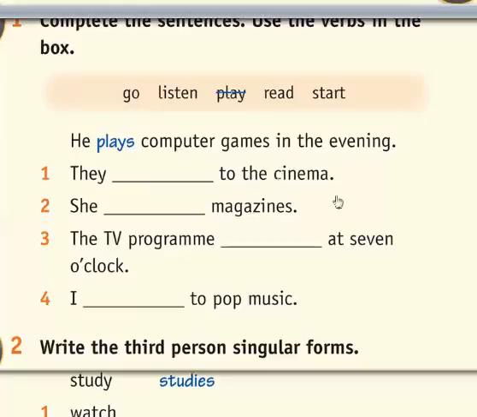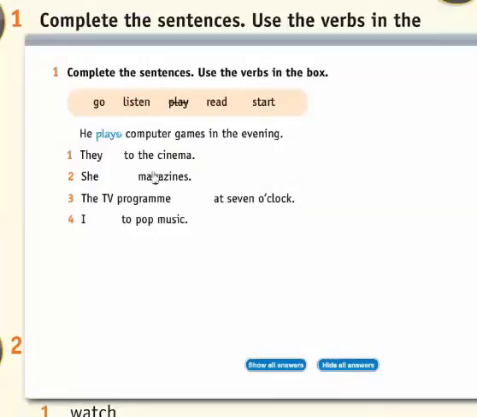Now let's do the rest of the exercise. They go to the cinema. It is not a third person singular. She reads magazines. It is a third person singular. The TV program starts at 7 o'clock and I listen to pop music. Number 3 is also third person singular S.